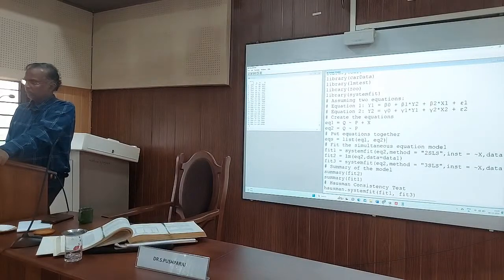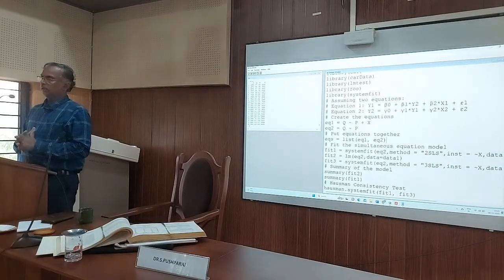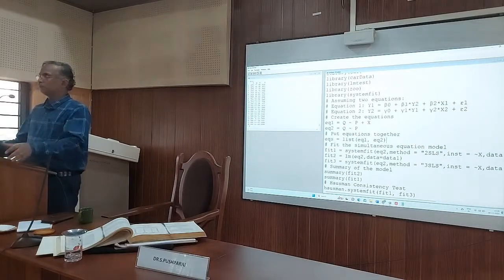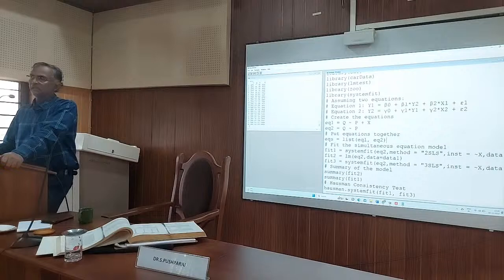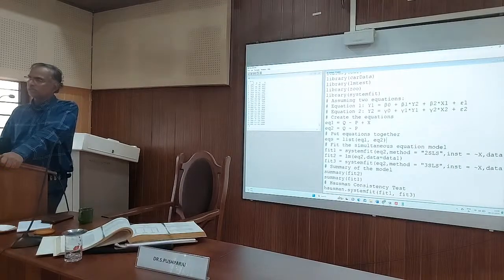We can club them into a system with the list function, right? After defining the two equations separately, we can club them together. And if it is not a system method, you can use single equations also, but you have to specify which method you are using.